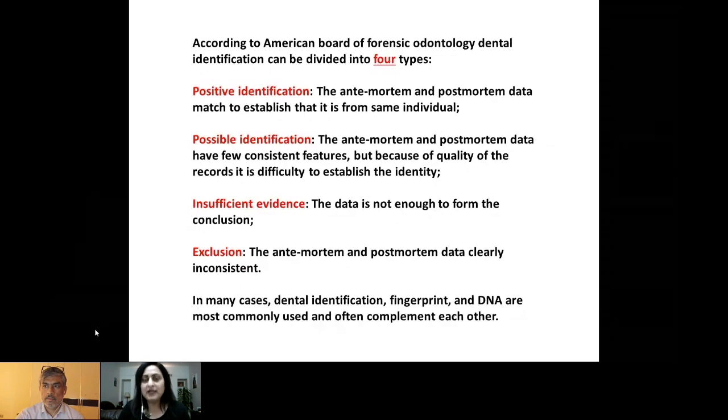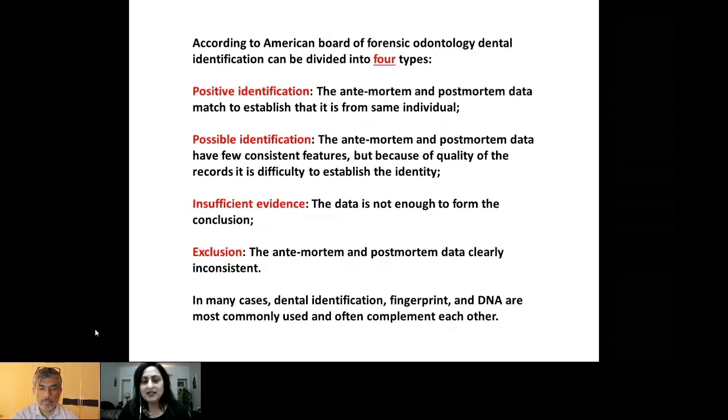Insufficient evidence is when there is no data, especially when you don't have antemortem data, and it is very difficult. Now we are talking about forensic odontology as a whole, not bite mark analysis. Bite mark analysis is a part of forensic odontology. Exclusion is when the antemortem and the postmortem data are clearly inconsistent, then it is excluded.